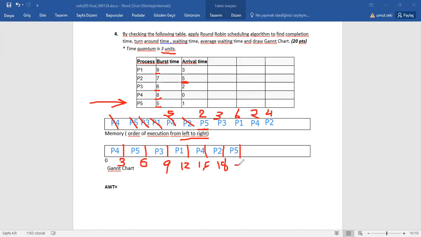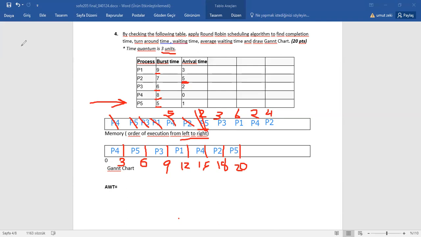So it is 20. Because it has 2 remaining, it is less than 3. If it is more than 3, I will take only 3 nanoseconds. But if it is less than 3, I will take only that number. Okay, so P5 is finished.